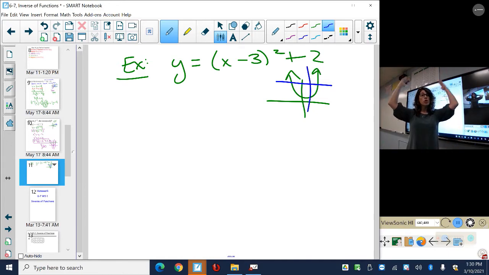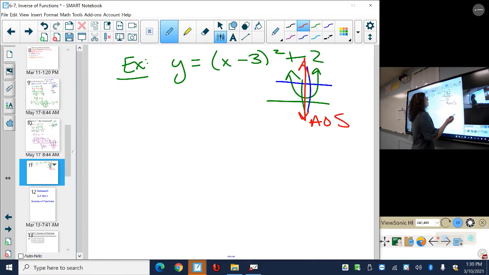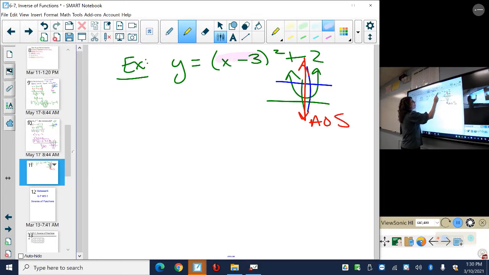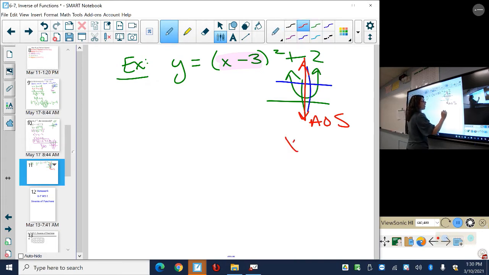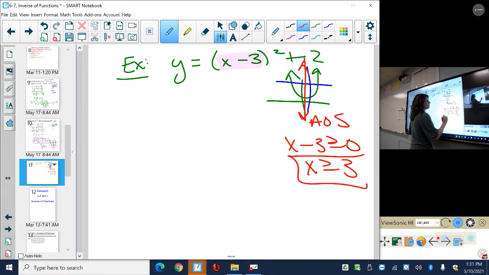So in order to ensure that you have an inverse, you drop one of the arms. So you literally are going to drop the arms at the lovely axis of symmetry. The axis of symmetry came from this part right here. So x minus 3 is greater than or equal to 0, so x is going to be greater than or equal to positive 3.